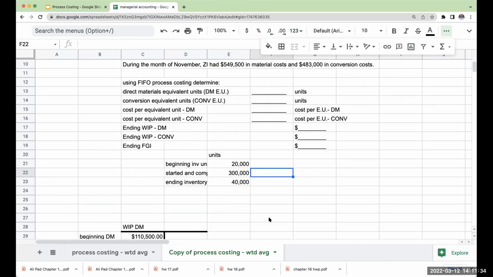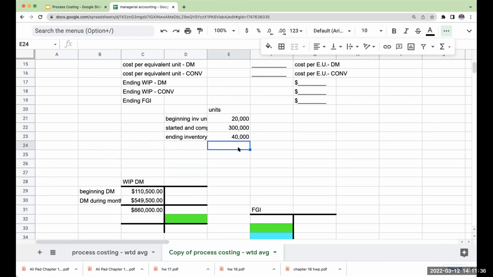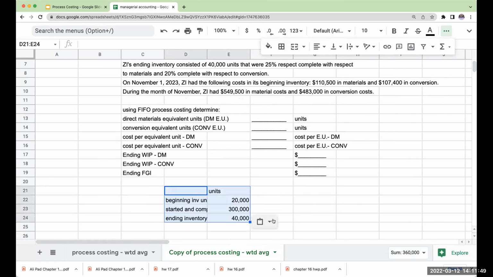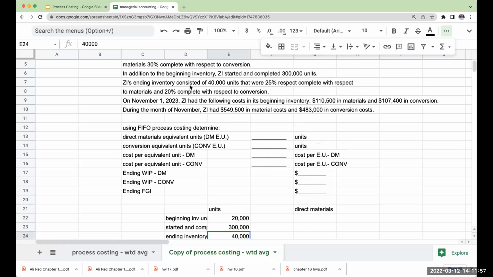Now, what I want to do is I say, oh, I've got 360,000 units, 40,000 are remaining. So I'm going to take 1/9 of it. But no, I can't. And the reason is why. When I'm looking at these units, they're not all made the same. For my direct materials, this 40,000 units was only 25% complete.